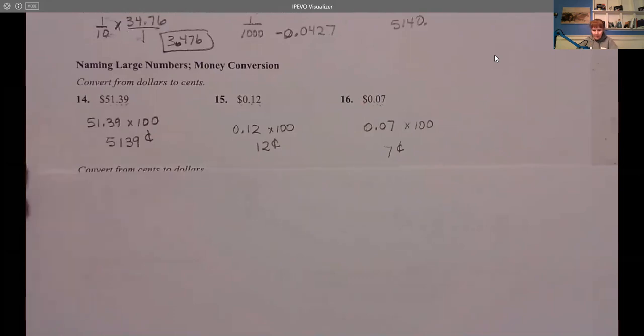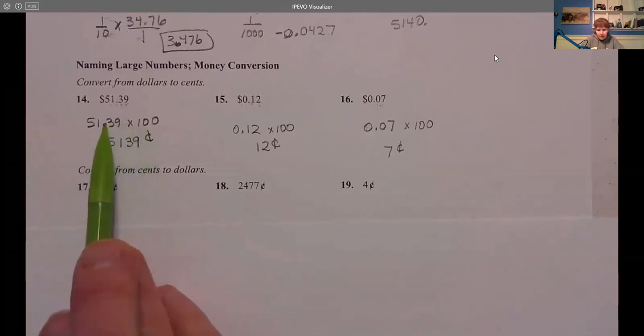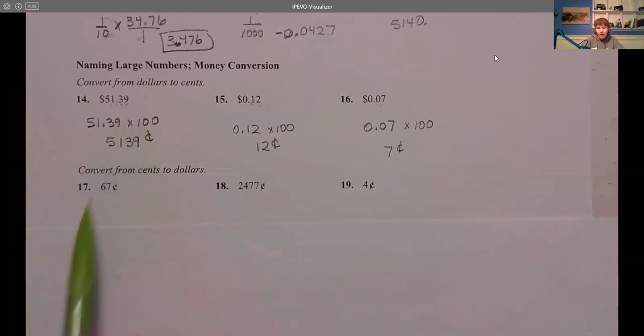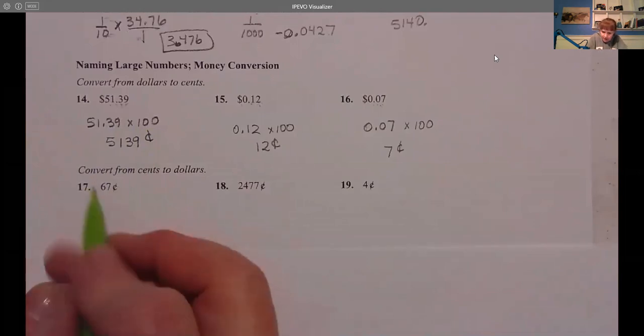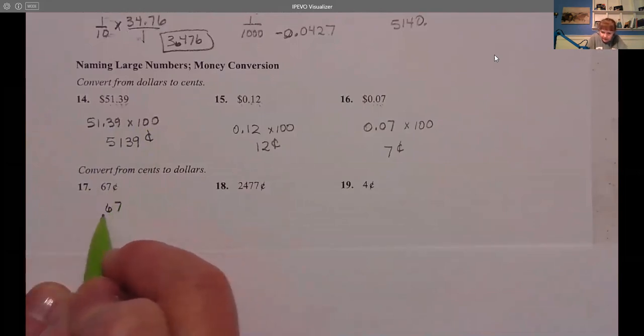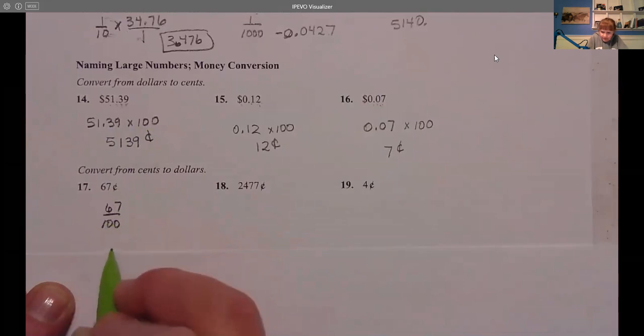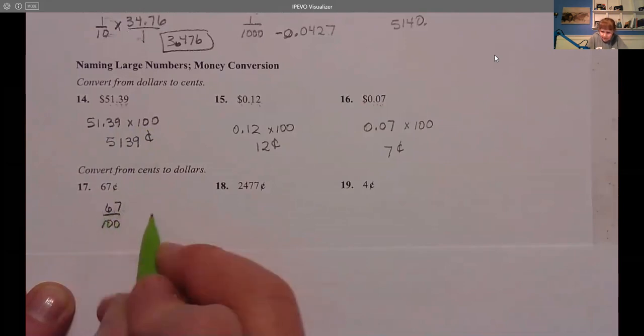Okay, let's go the other direction. Well, I know that if I multiply by 100 to go from a dollar to a cent, I will divide by 100 to go from cents to a dollar. To go the other direction, I will divide by 100, which means I'll move the decimal to the left twice.